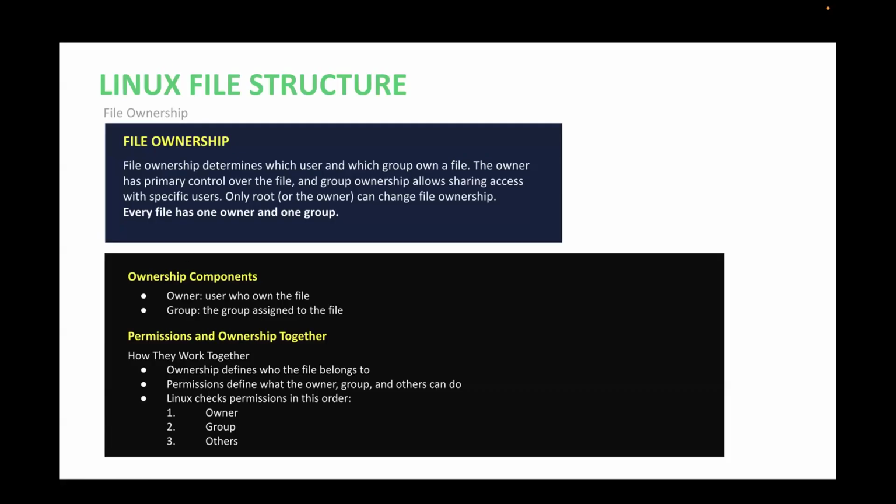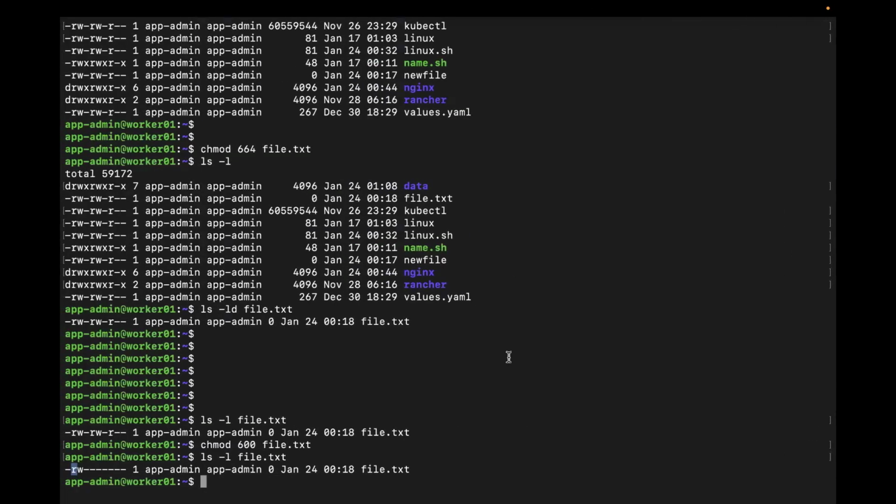And a command, I forgot to actually add this to the slide, but the command that is used to change the ownership of a file is shown, that is chown. Let me type it, that makes it easier. Change ownership, that's basically what it stands for.